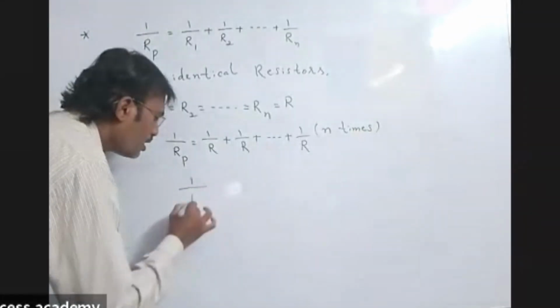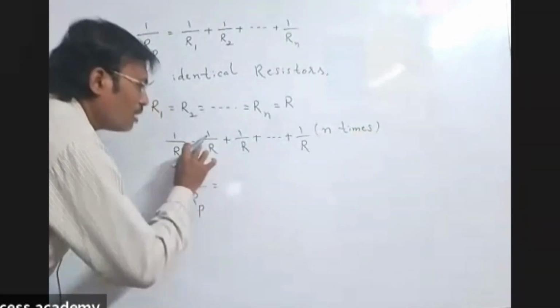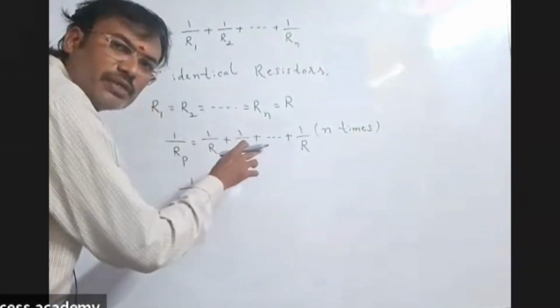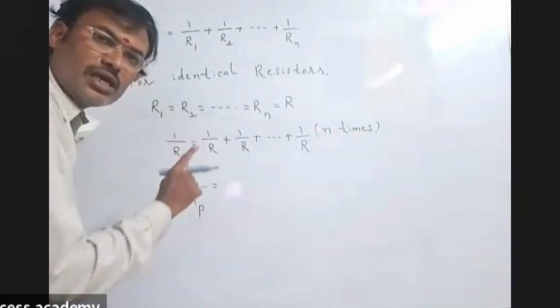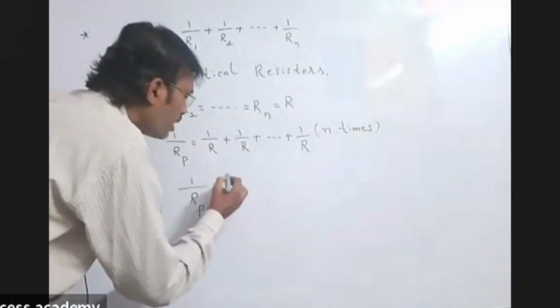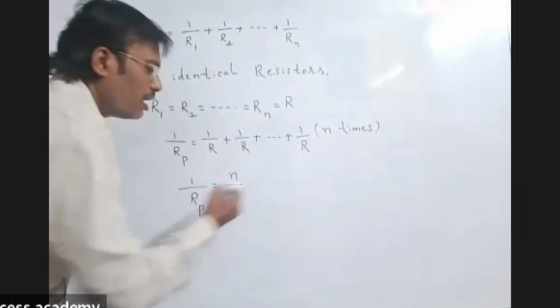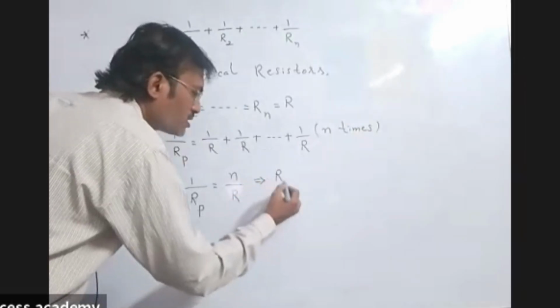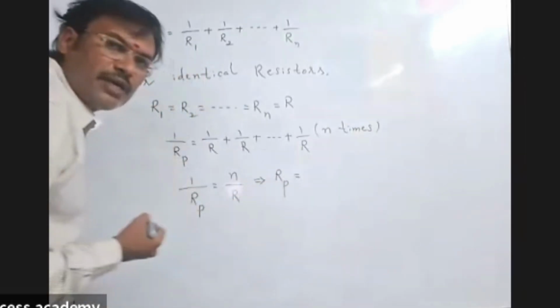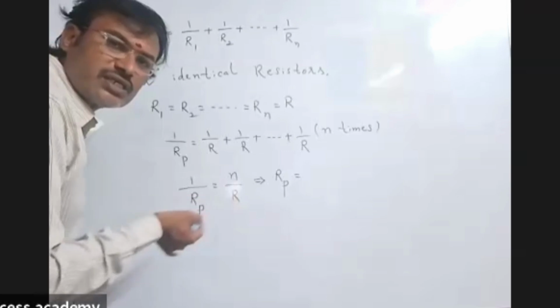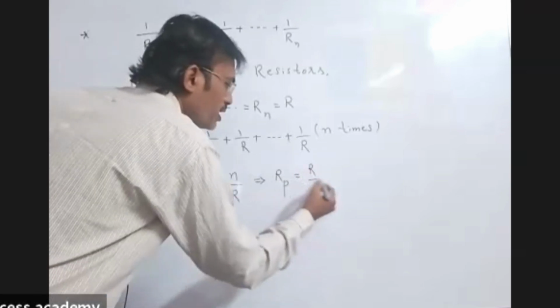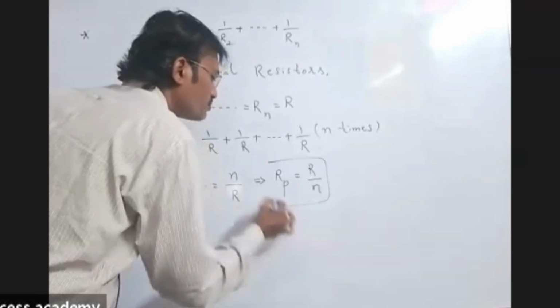So 1 by Rp is equal to N by R. That implies the equivalent resistance in parallel combination Rp is equal to R by N, reversing the term. This is the formula.